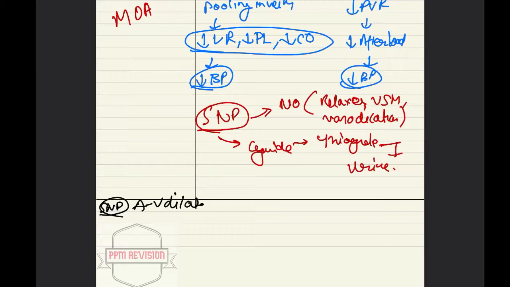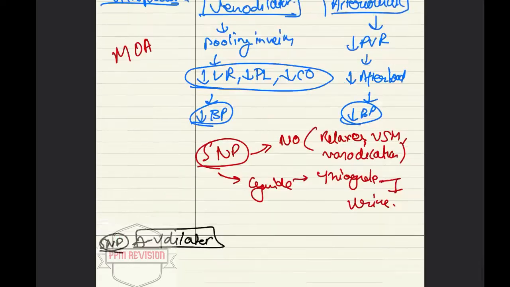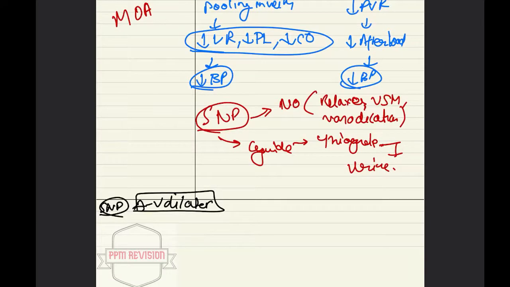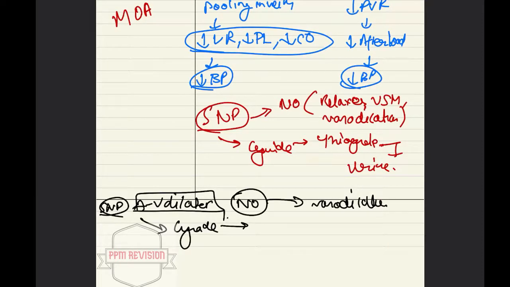So you can say it is quite balanced. Now looking at the mechanism, it releases NO, nitric oxide, and this results in vasodilation, as well as cyanide in the liver results in thiocyanate and is excreted in urine.